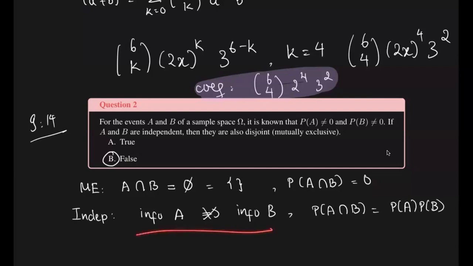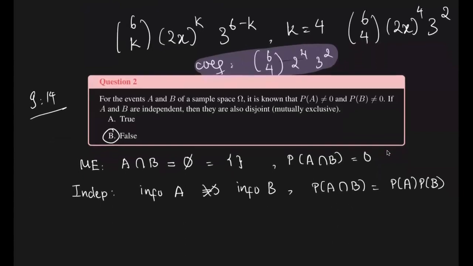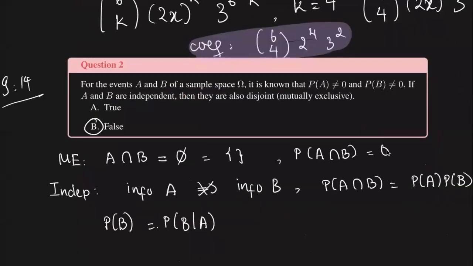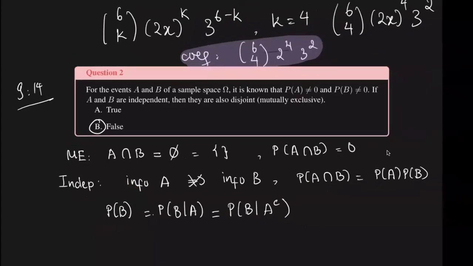Or if we think about the definition that knowing some information about A does not help us gain any information about B, then the probability that B happened without knowing anything about A is equal to the probability that B happened when we know A happened. And it is the same as the probability of B when we know that A complement happened. So it is just the same as when we don't know any information about A.